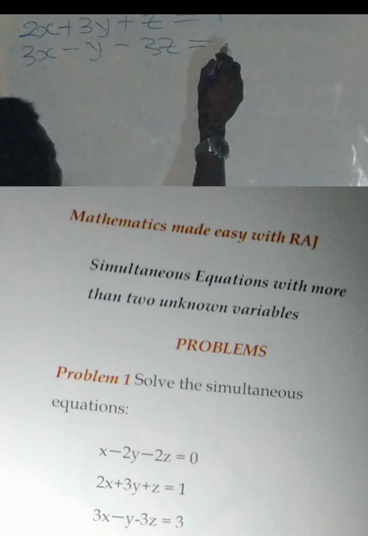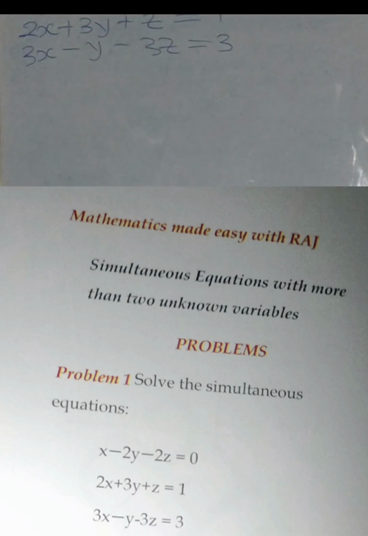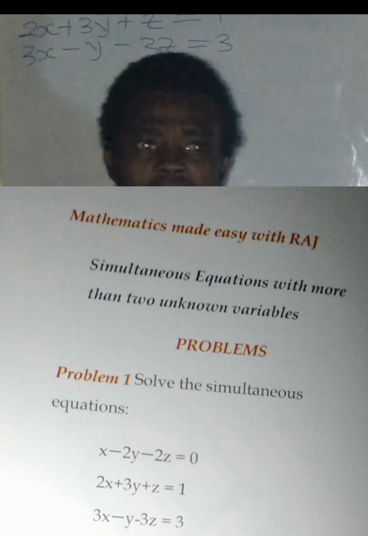And then 3x minus y minus 3z equals 3. So you can tell that we have 3 equations, right? Yes, and they are simple equations.